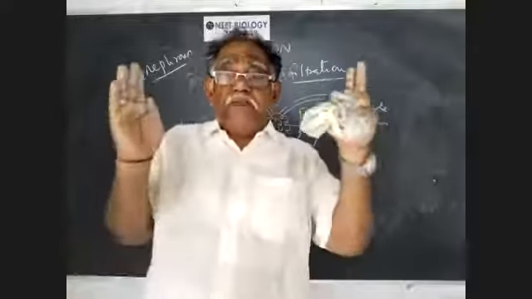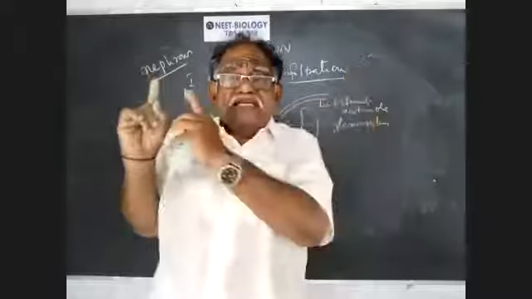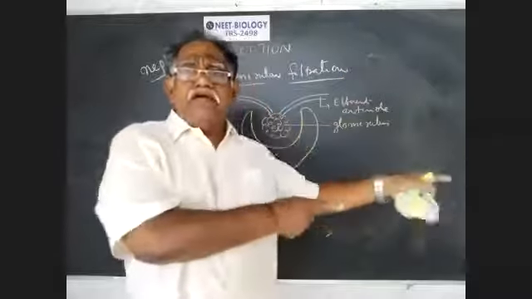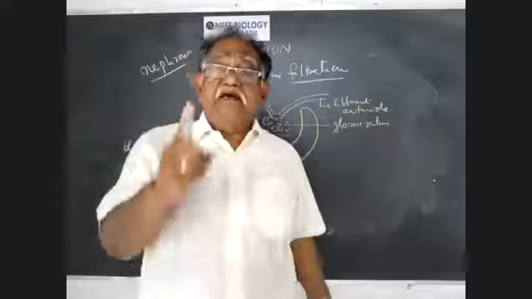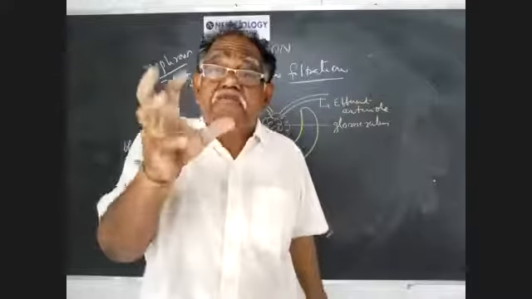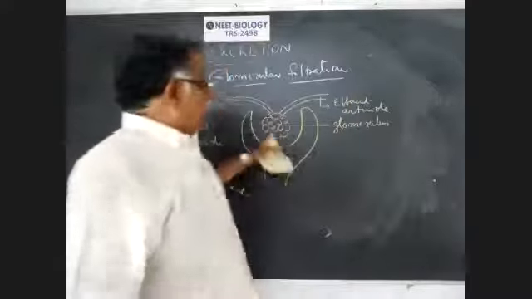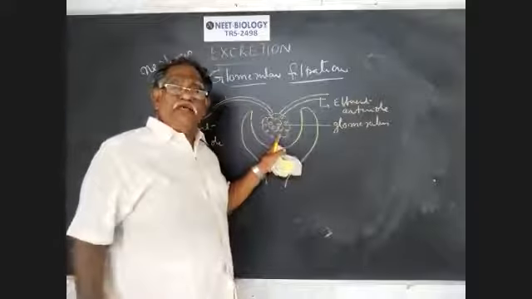The difference in the blood pressure existing in afferent arteriole and efferent arteriole causes the filtration of blood into the Bowman's cup through glomerulus.